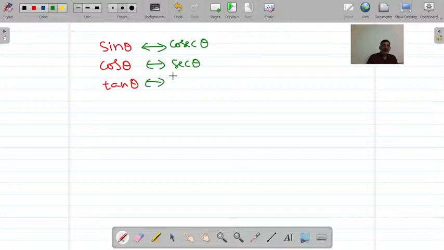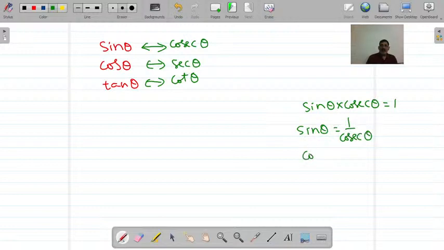For tan theta, the reciprocal is cot theta. What does it mean? Sin theta into cosecant theta is equal to 1. Means I can say sin theta is equal to 1 by cosecant theta, or cosecant theta is equal to 1 by sin theta.